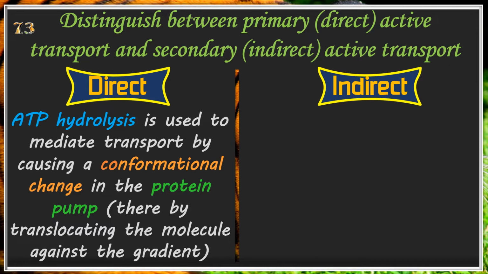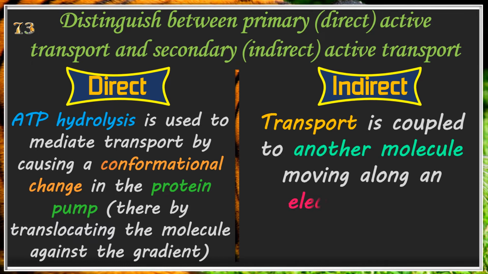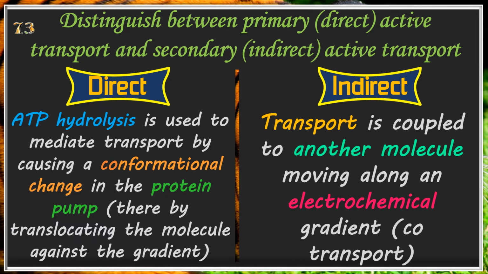That one is primary active transport, which we call direct. The secondary active transport, indirect transport, is coupled to another molecule moving along an electrochemical gradient. So it leads to co-transport. That one is what we call secondary active transport or indirect.